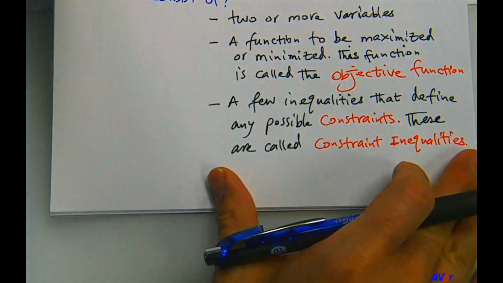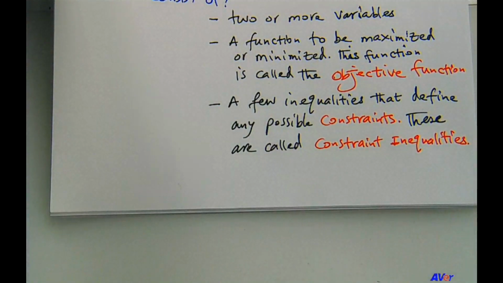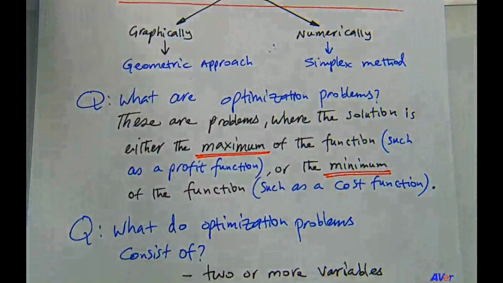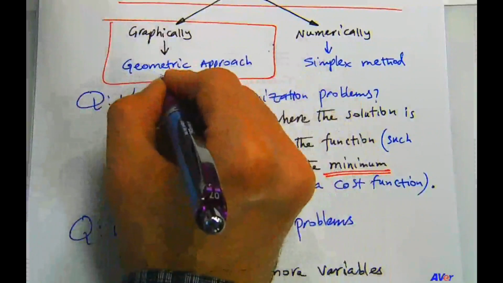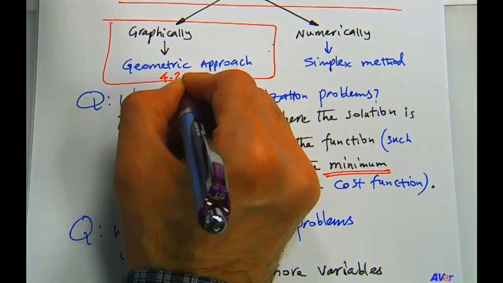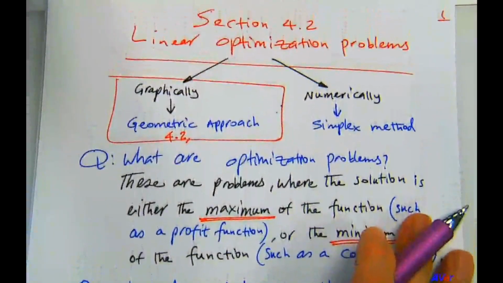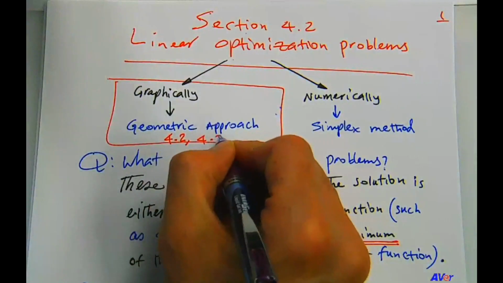Okay, so now that we know what linear optimization problems are and what components they have, how do we use this particular method, the geometric approach, to solve a linear optimization problem? That's the topic of section 4.2 and 4.3. As a matter of fact, let me scroll down here and add that for the geometric approach, we're going to talk about that in sections 4.2, which is this one, and 4.3.